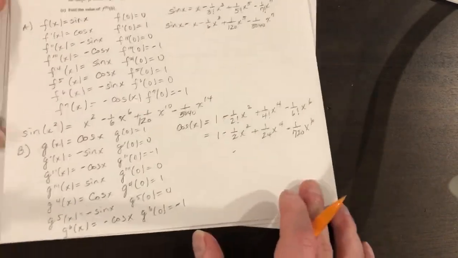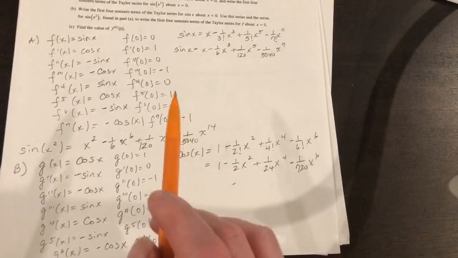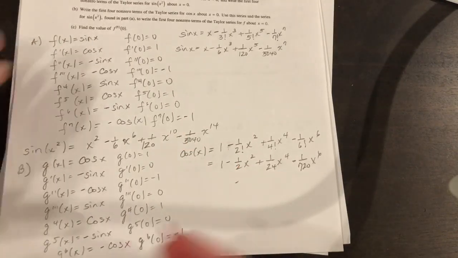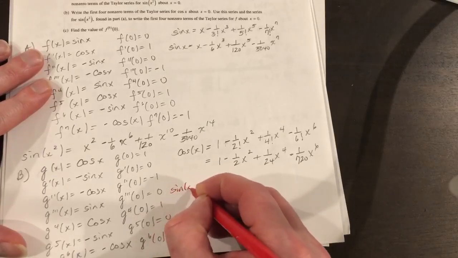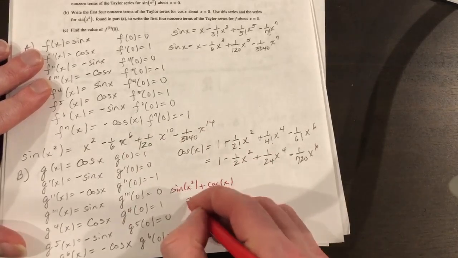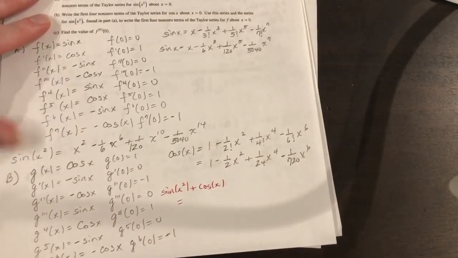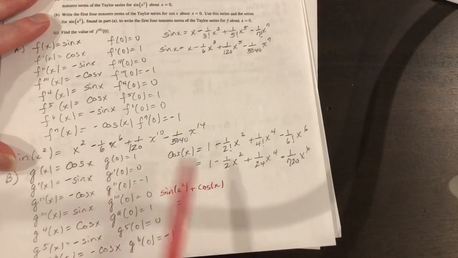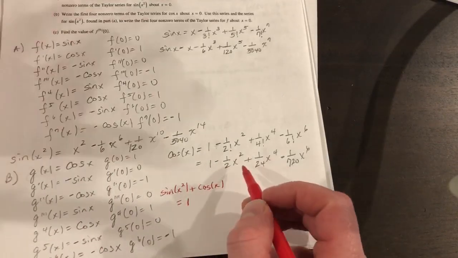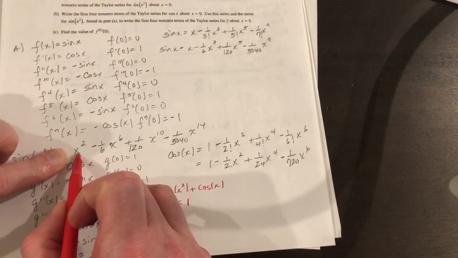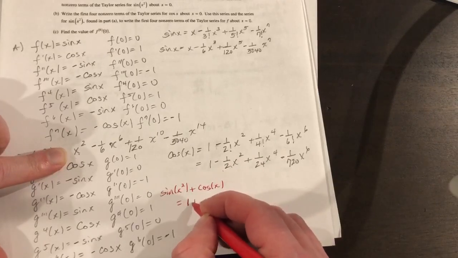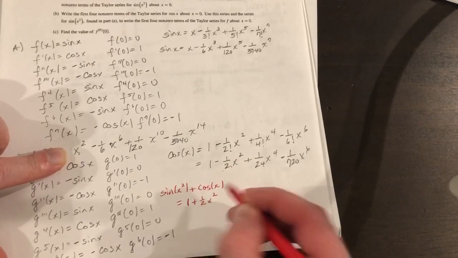Okay, now the final part of this answer for part B says that you want to combine these terms and we want to go to the 4th power. Okay, so sine of x squared plus cosine of x. First 4 non-zero terms. Okay, so first term is going to be a 1. And then I have an x squared term here, an x squared term here. So x squared minus 1/2 x squared is going to be positive 1/2 x squared.